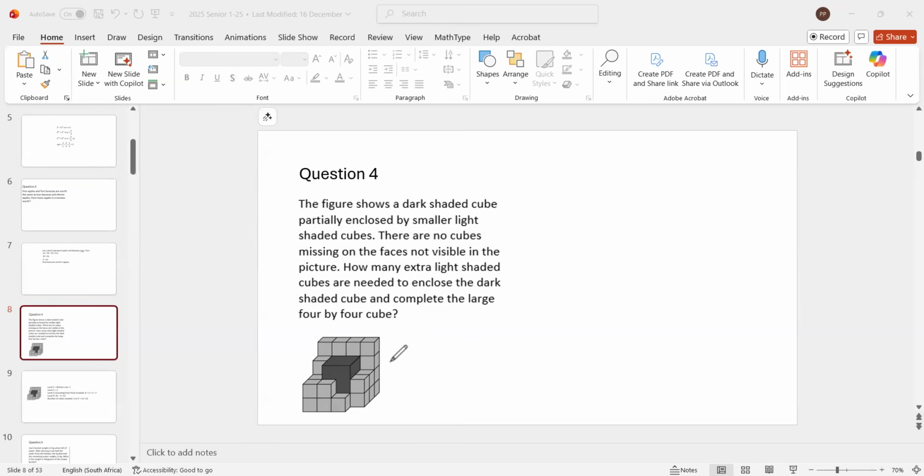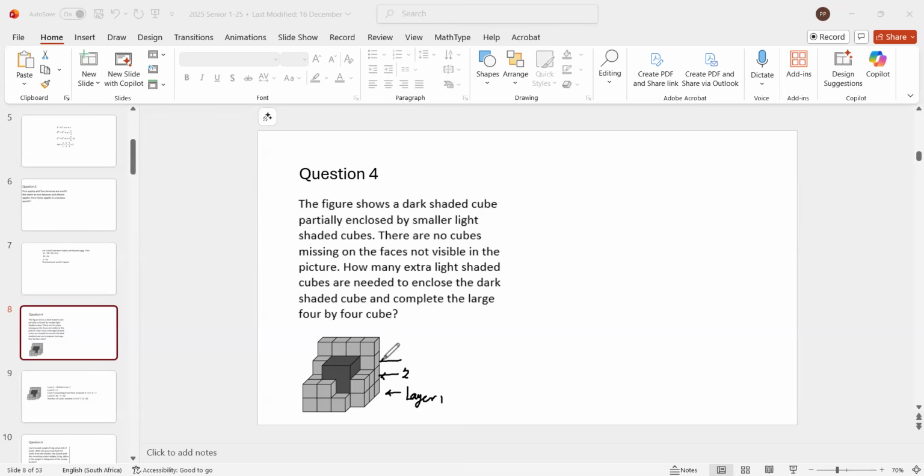Now this is not easy. It's a three-dimensional problem and you have to visualize it. So we can try to make it simpler by counting the number of cubes you have to put in each layer. There are 4 layers. So this bottom one is layer 1. The second one is layer 2.